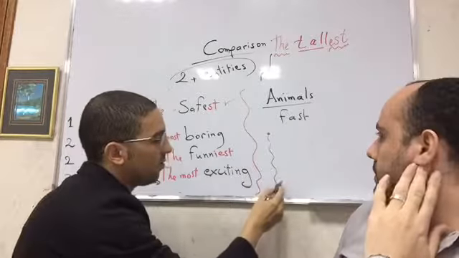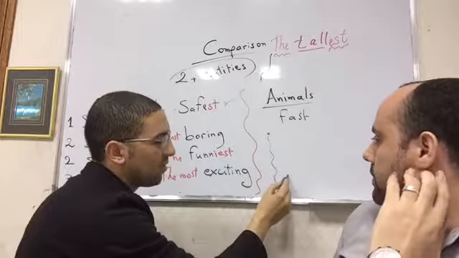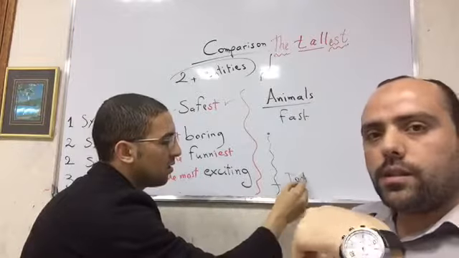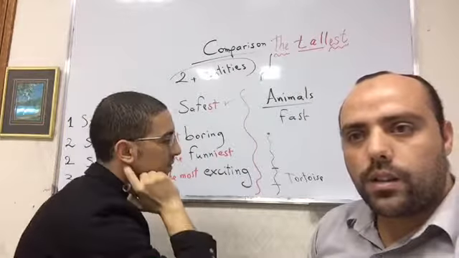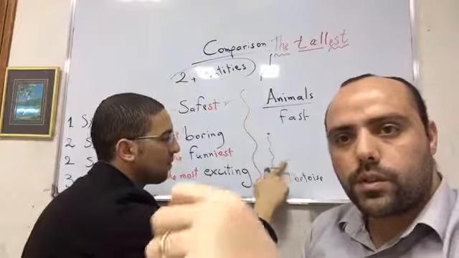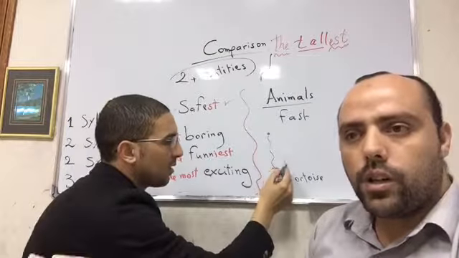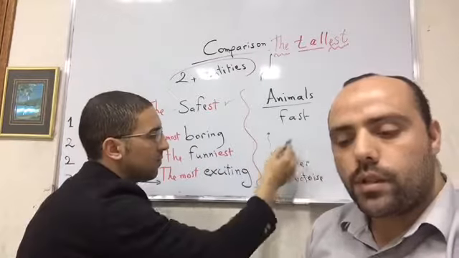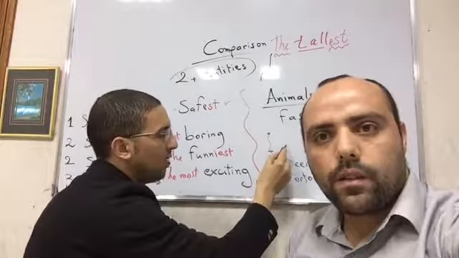For example, we have many animals here. Let's say the tortoise. I'd like you, our dear viewers, to imagine that you are in a zoo, and you are using the superlative form of the adjective fast to tell us which animal is the fastest.